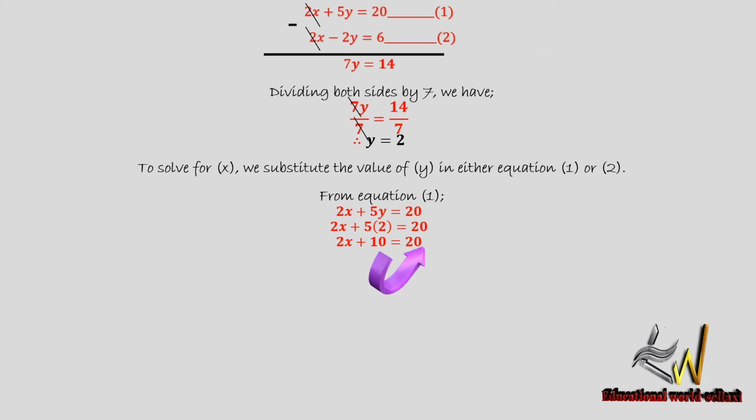Now 10 we have to cross over to the other side of the equation by collecting like terms. So we have that 2x is equal to 20 minus 10, which is equal to 10. Dividing both sides by 2, I'll have that x is equal to 10 over 2, which is equal to 5. Therefore, x is equal to 5.